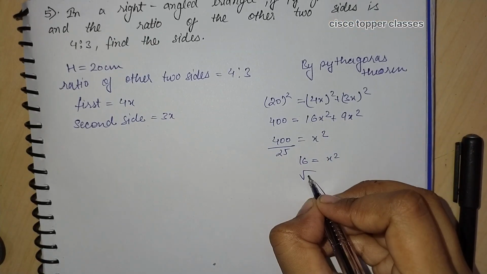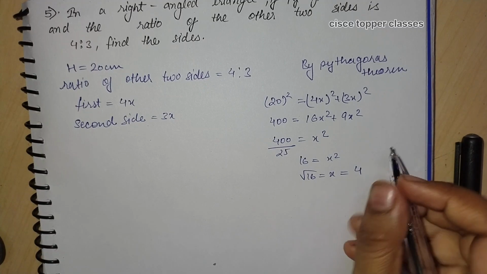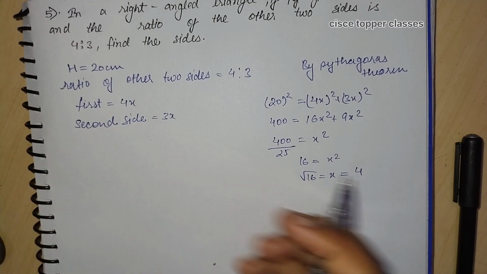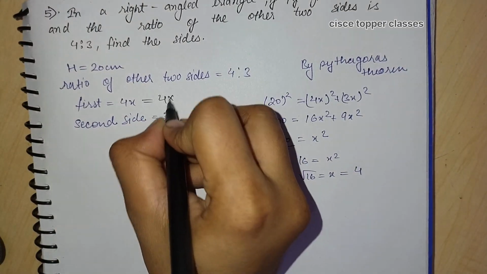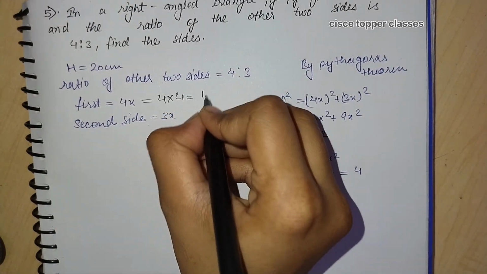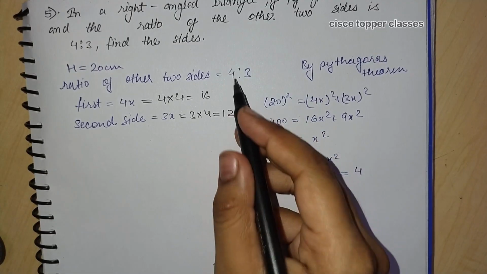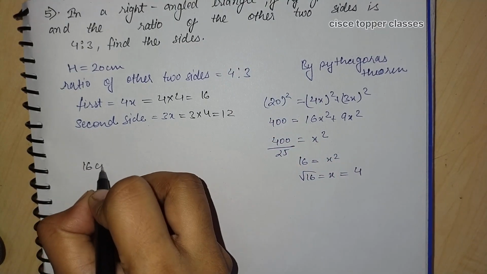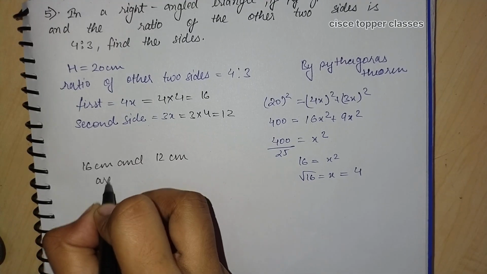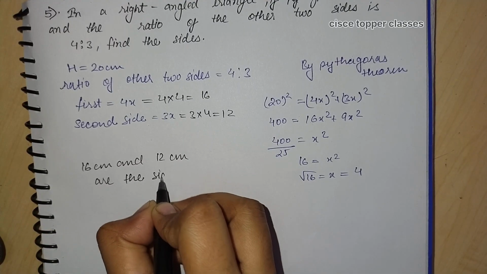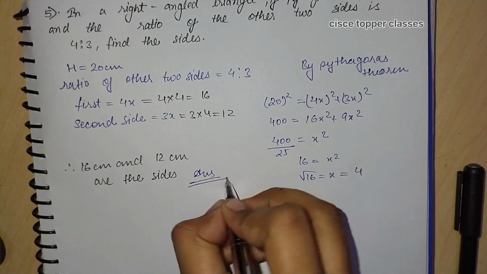Now we can take the under root, so it will be under root 16 equal to x, which will be 4. And now we can find the first side and second side by putting the value of x. So 4 into 4 will be 16, and 3 into 4 will be 12. So 16 and 12 centimeter are the sides. 16 centimeter and 12 centimeter are the sides. So this is the final answer in this question.